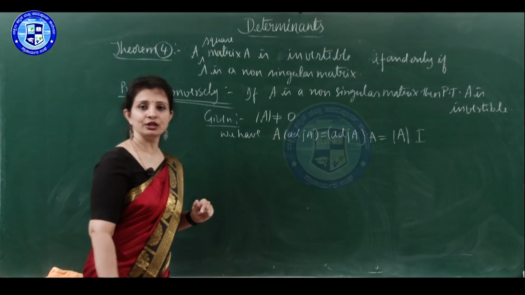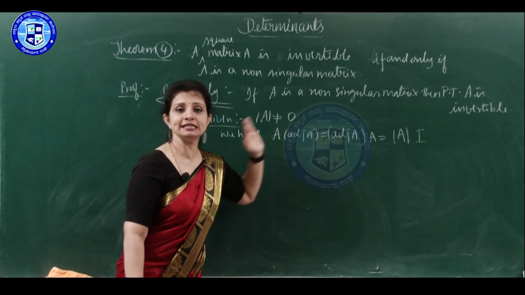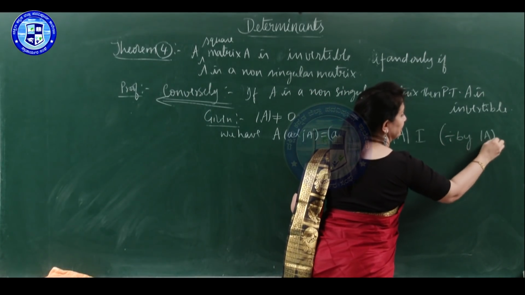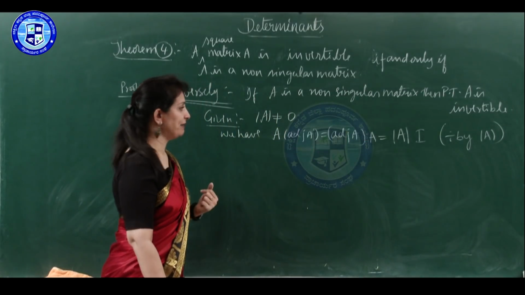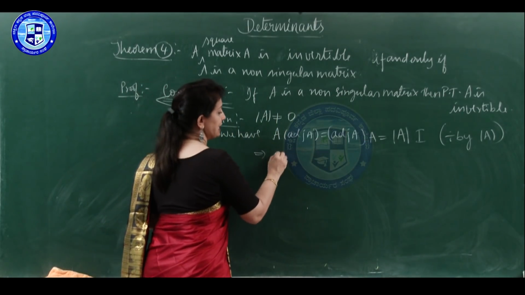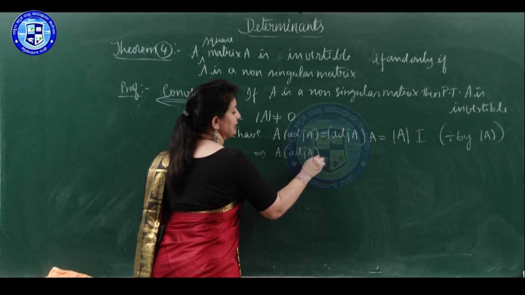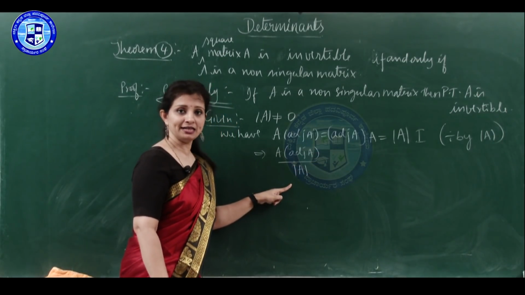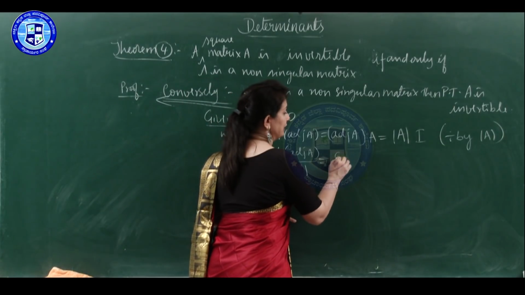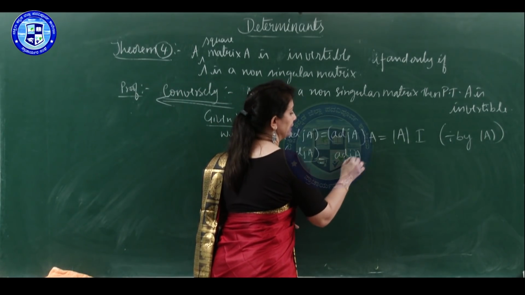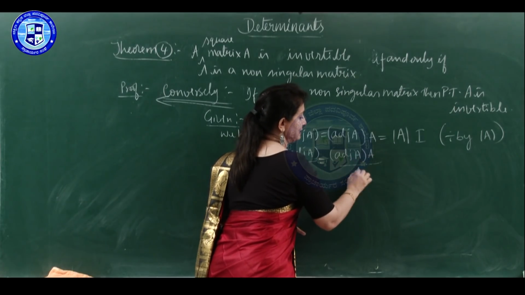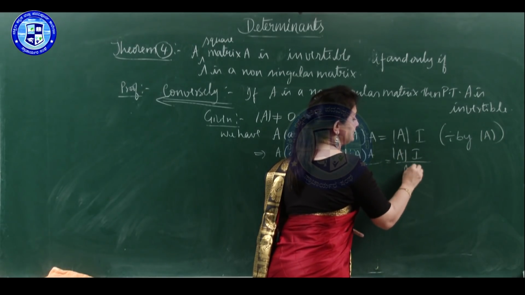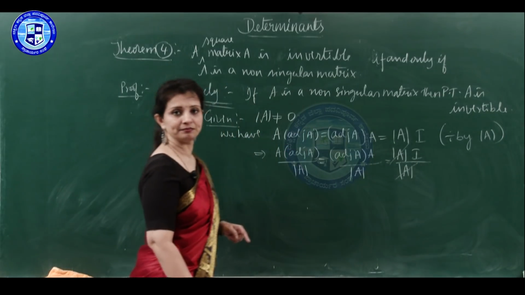What we do is divide the whole equation by determinant A. Since determinant A is not equal to 0, it is possible to divide. Each expression divided by determinant A: A into adjoint A divided by determinant A is equal to adjoint A into A divided by determinant A, is equal to determinant A into I divided by determinant A. Here determinant A is cancelled.